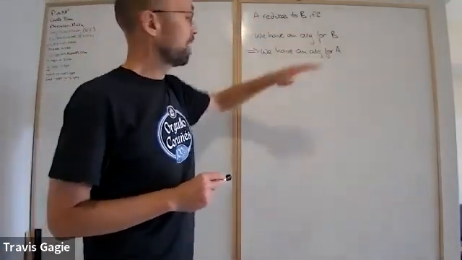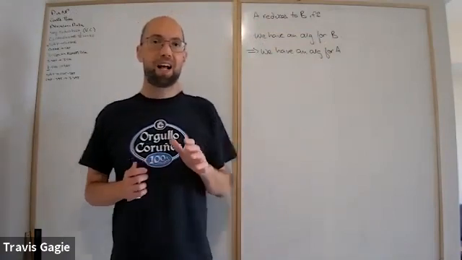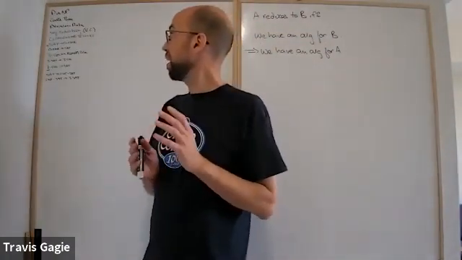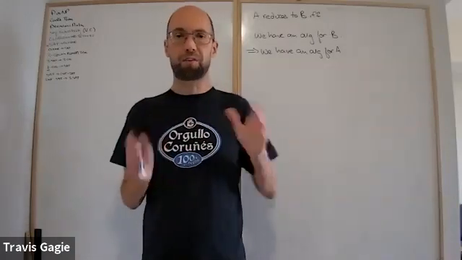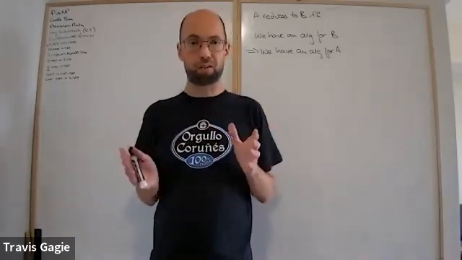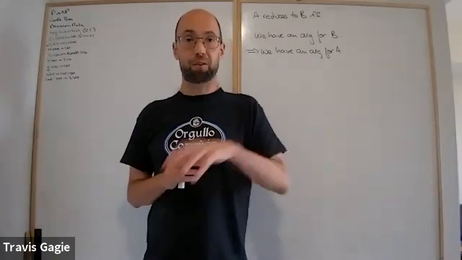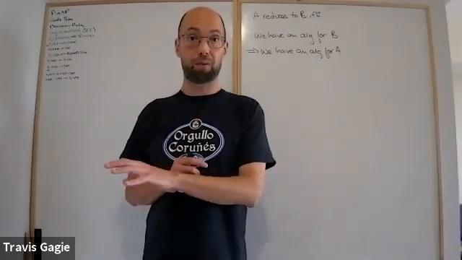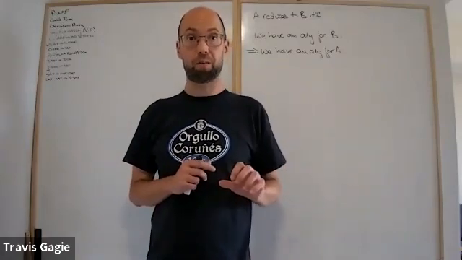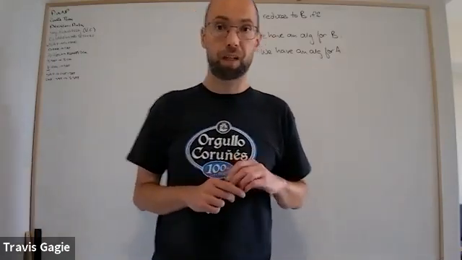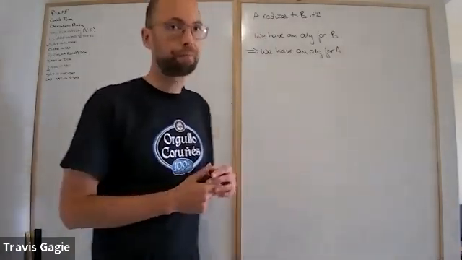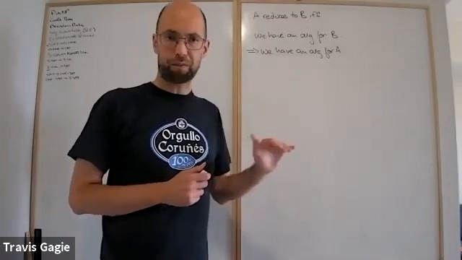We'll see three easy reductions first, and then we'll see that SAT reduces to clique. That means if you could solve clique in polynomial time, you could solve SAT in polynomial time. And that will show that clique is also NP complete by Cook's theorem, which we haven't seen the proof of yet.